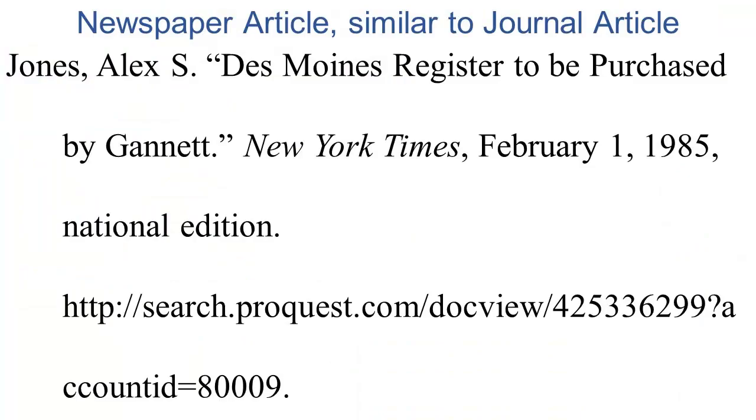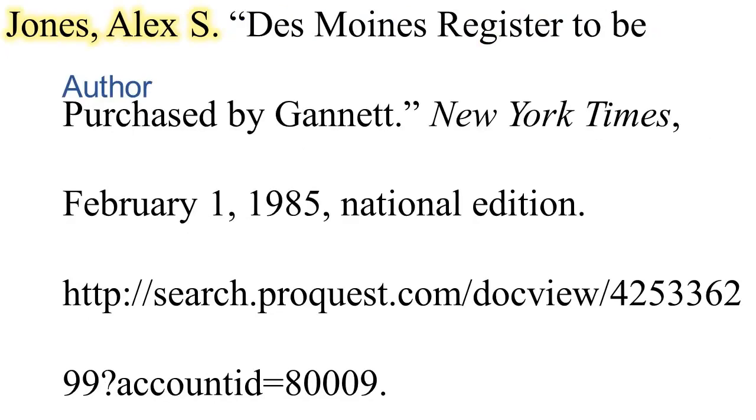You may also need to cite newspaper articles, which are similar to journal articles but slightly different. The newspaper citation is as follows: author's last name, comma, first name and initial, followed by a period. Then you have the title of the article in quotation marks, followed by a period.